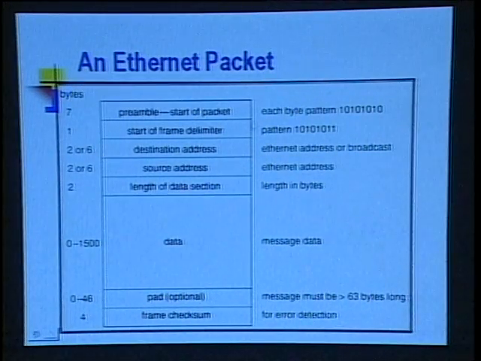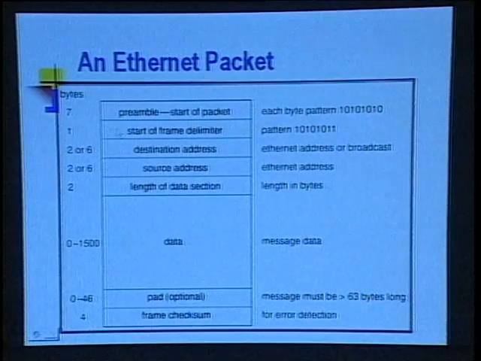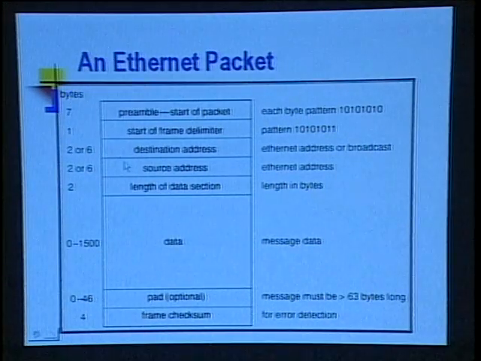We have a start of the packet, 7 bytes, start of the frame delimiter, 1 byte, destination address 2 or 6 bytes, source address, length of data section. Then we have the section for data, which can be up to 1500 bytes, then pad and frame checksum for error detection. This is the format of an Ethernet packet.